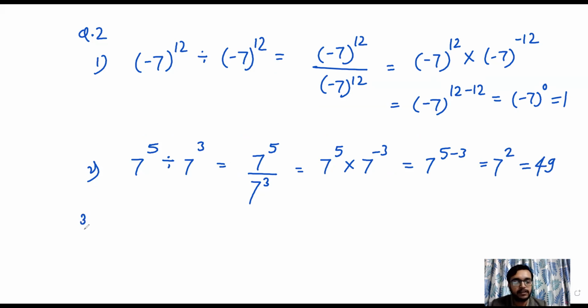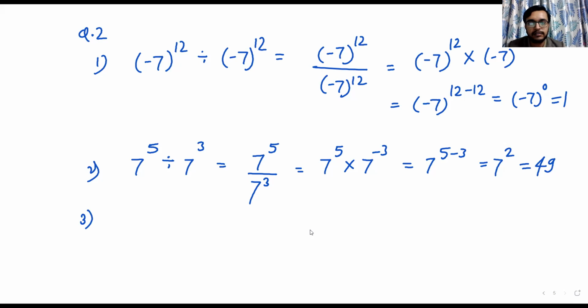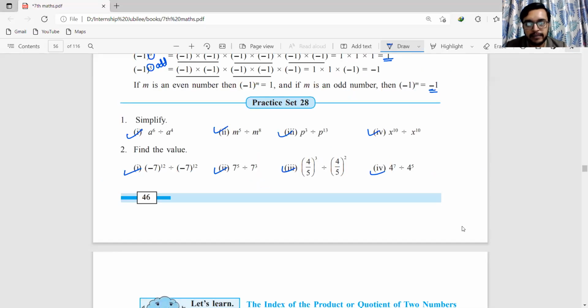Okay. Now let's try to solve the third: 4 upon 5 cube divided by 4 upon 5 square. Now this can be solved as 4 upon 5 cube minus 2, and that is 4 upon 5 raised to power 1, which is equal to 4 upon 5.